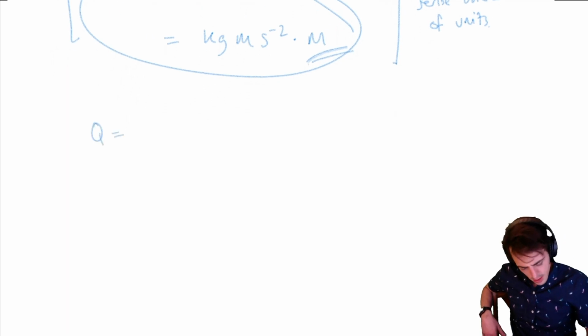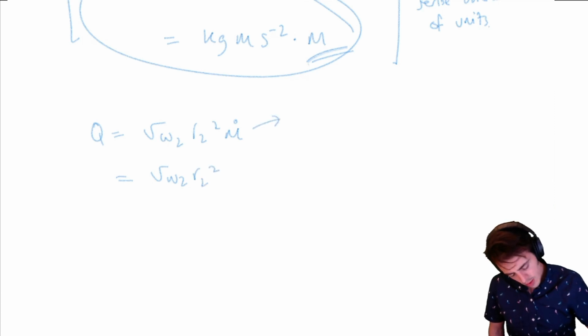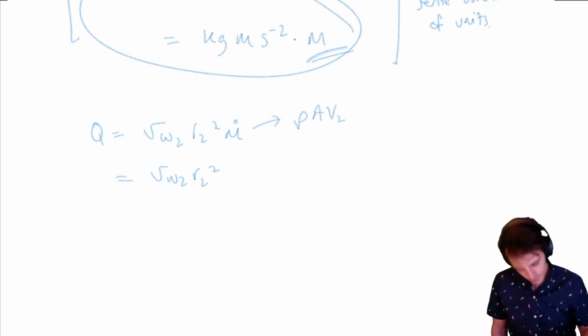So Q is equal to v omega 3 R3 squared m dot. We can then insert our mass flow rate now. Our mass flow rate was rho A V2.